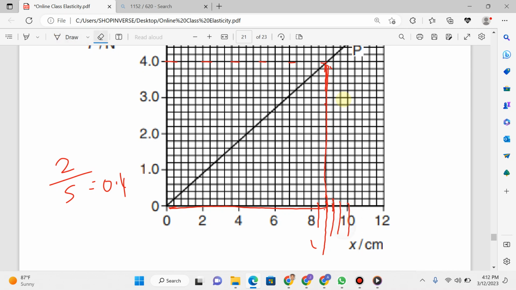So that's how you read the divisions on a graph from the values you have. But the point we need is this value here, which is our 8.4. So now we can plot our graph and calculate the spring constant K, or the stiffness.